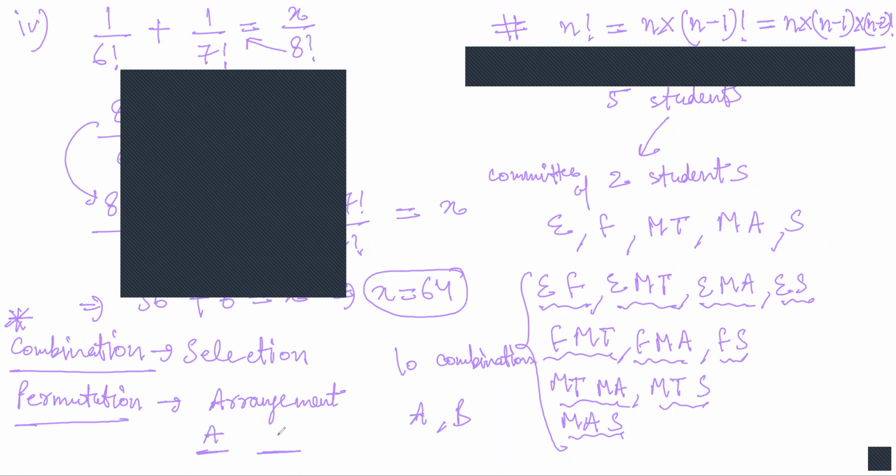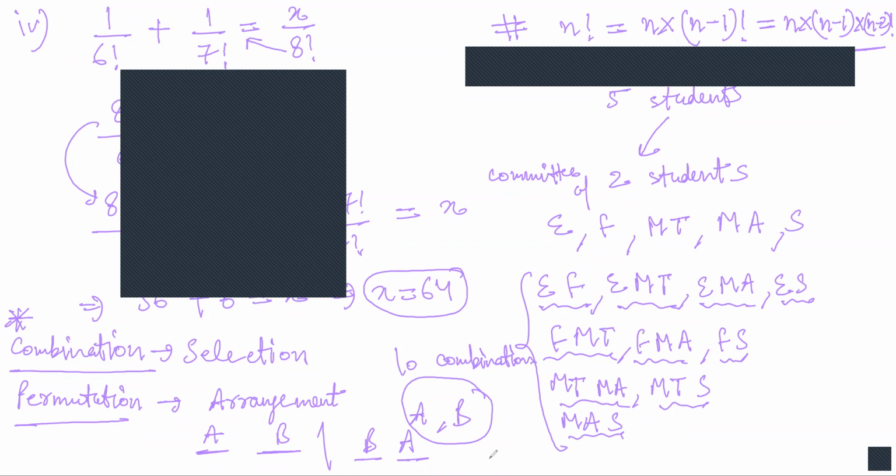So either A at the first seat and B at the second seat, or B at the first seat and A on the second seat. See, there was only one combination, A and B. There were two people, there were two seats, and two people have to sit on two seats. So combination was one only, A and B, but A and B can be arranged in two ways at two places. Either A can sit first and B second, or B can sit at first place and A can sit at second place.